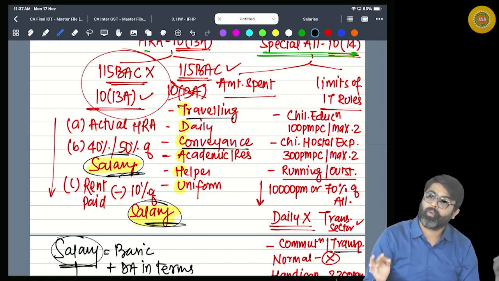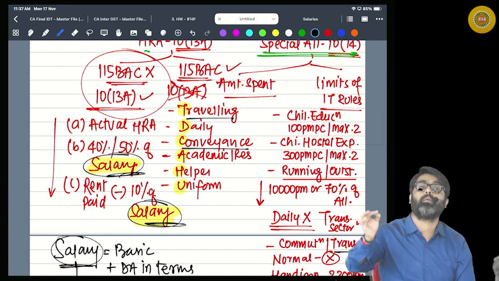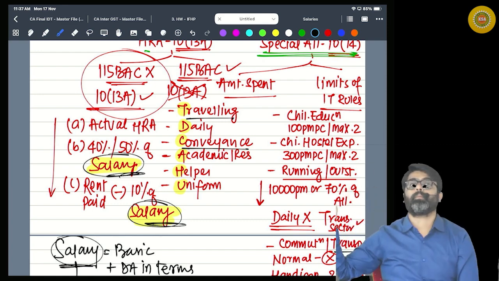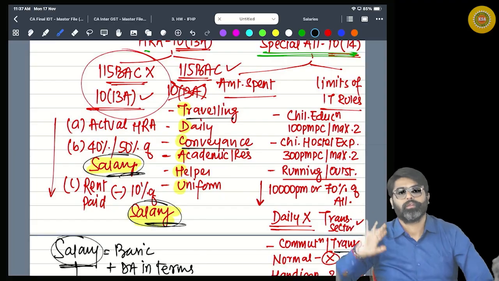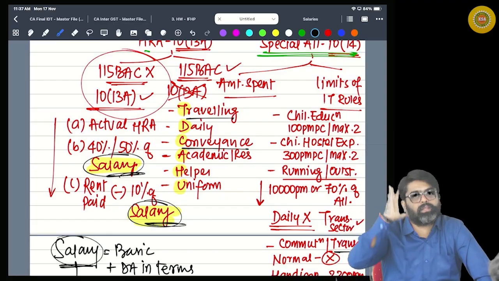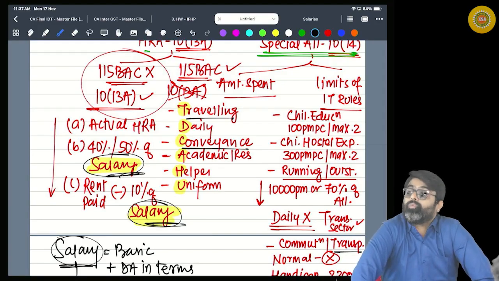If the employer is giving you HRA and out of that HRA you are spending the amount on rent in metro cities, then limit B will be 50% of your salary. But if the rent is paid by you in some other city or town, then limit B will be 40% of your salary, yes or no?